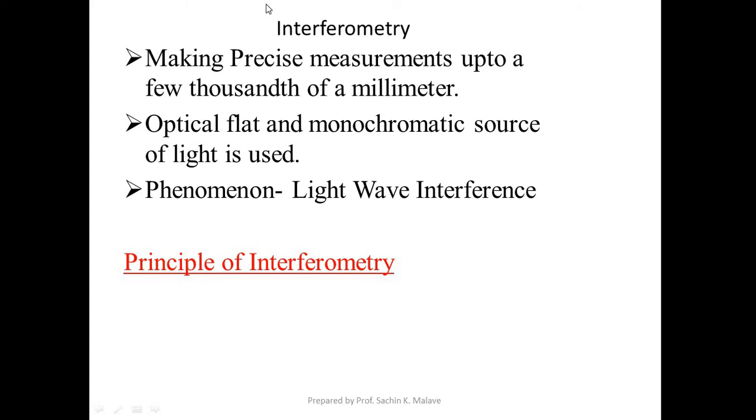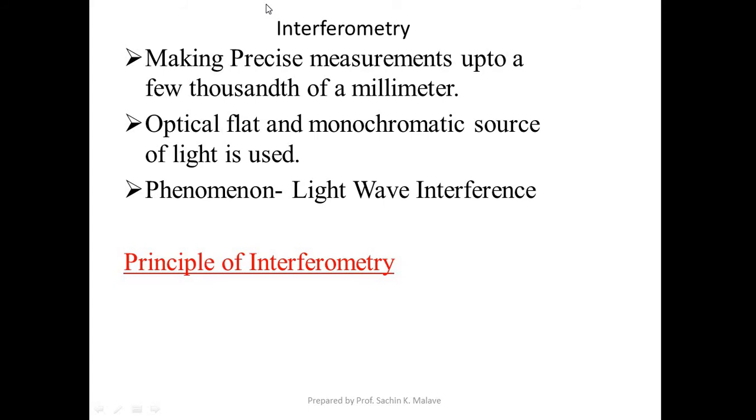You will need instruments like an optical flat, and you will require a source of light, and that source of light must be a monochromatic source of light. And the phenomenon which is used for interferometry is light wave interference.